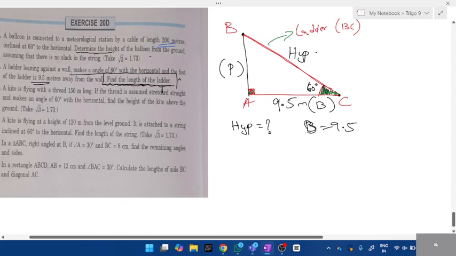Which formula has base and hypotenuse out of sine, cos, tan? Which formula should we use? Cos. Cos of what degree? 60 degrees is equal to, what's the formula for cos? Base by hypotenuse. Solve this question.